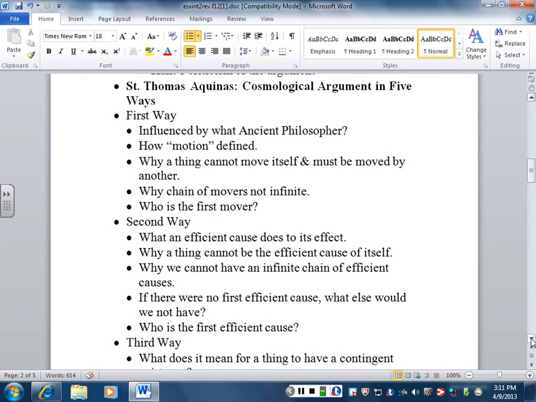But he basically says, well, the universe can't be infinite because there would be no first cause. Well, you say, well, why do we need a first cause? Why can't it just be infinite? But he says there has to have been a first cause, and so he wants God around to set all the intermediate things in motion. So his conclusion then is God was needed as the first mover.